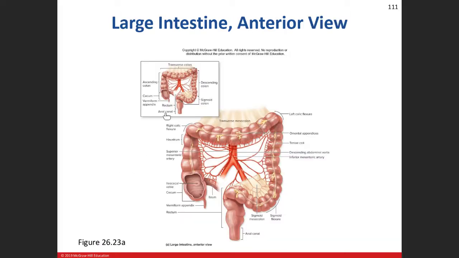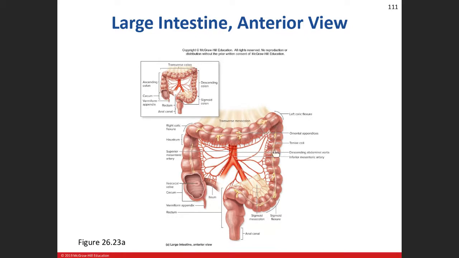So here we can see on our large intestine, here's the ileum coming in and terminating onto the cecum and the ascending colon, where we have the ileocecal valve. This bottom sac here is the cecum with the vermiform appendix hanging off. Ascending colon, retroperitoneal.